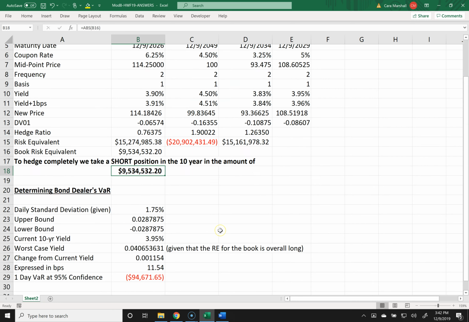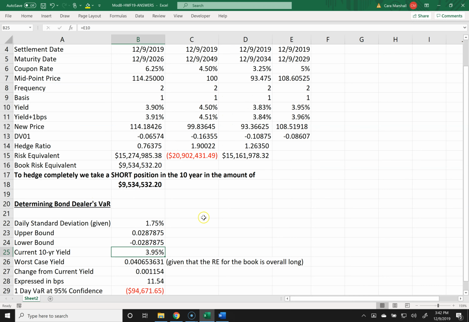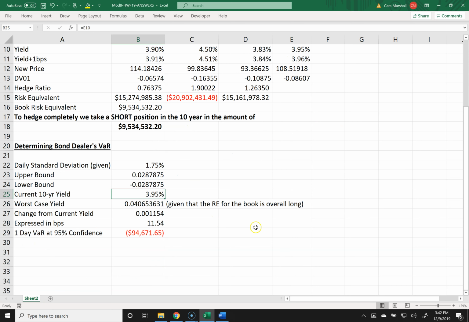So next part says, okay, let's look at how do we determine the bond dealer's VAR? Well, we were given this 1.75% daily standard deviation. We calculate the upper and the lower bound, just like we did in class. Now, the current 10-year yield was given, right, or we calculated it over here, 3.95%. So what's the worst case yield?